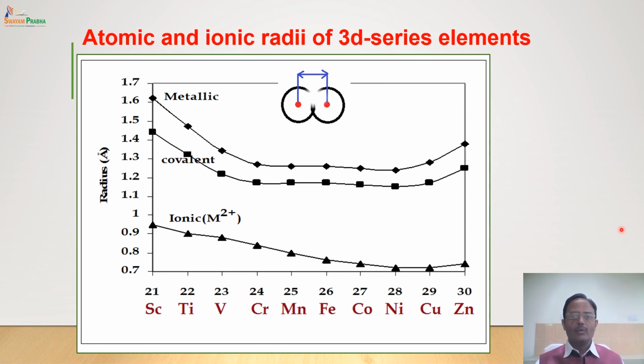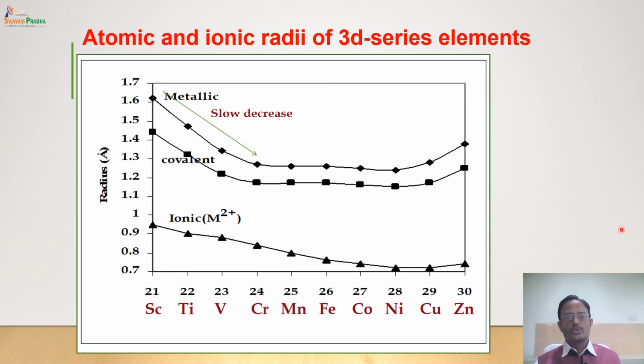Okay. Now let us see what is the trend of atomic radius from scandium to zinc. What is happening from scandium to chromium? There is a slow decrease of atomic radius.